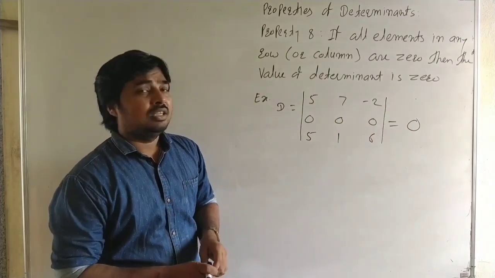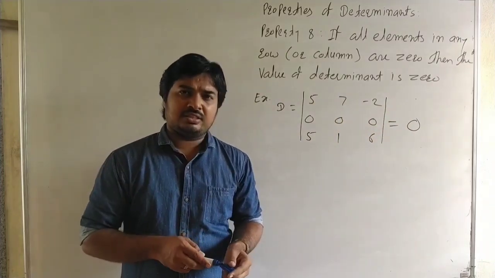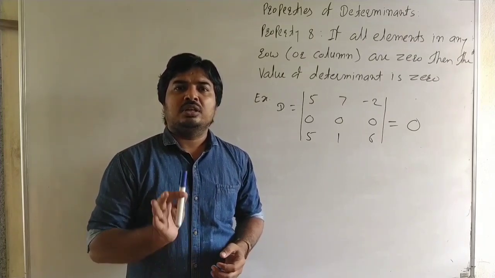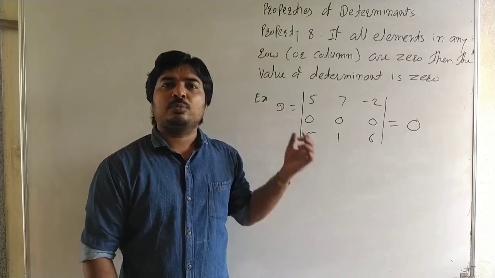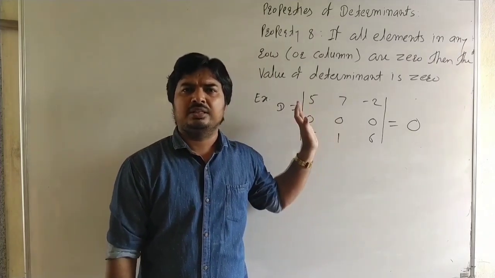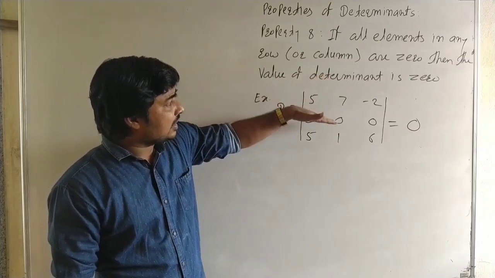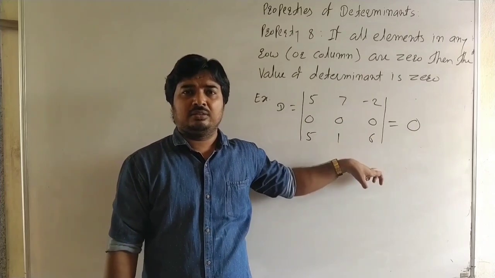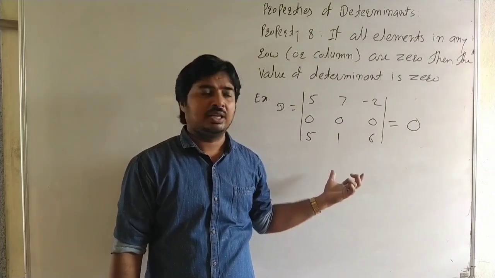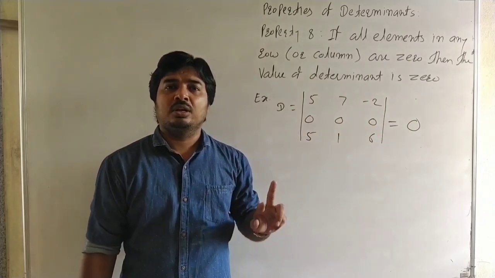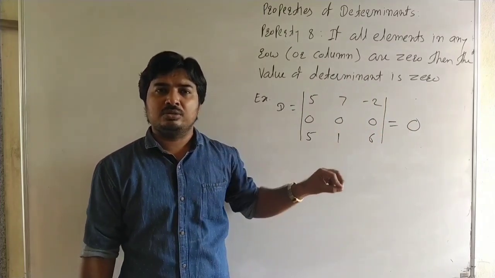In the last 2 lectures and this lecture, we have seen the 8 properties of the determinant, and these properties are used to solve the determinant in any example. To find the value of the determinant without calculating, we use the properties. If all elements are 0, the value of the determinant is 0.